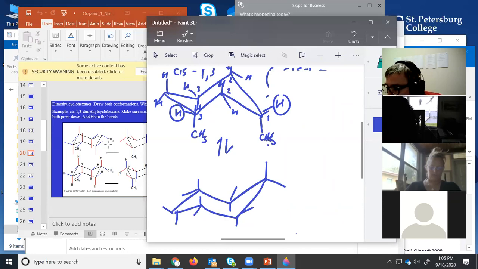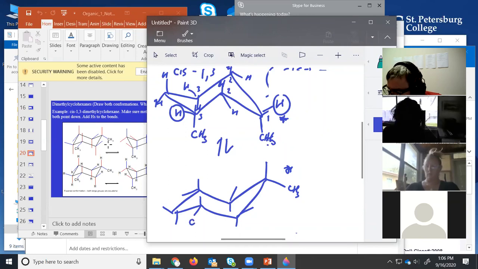All right, so let's go with what we'd see. Now this one carbon is star 1, the same carbon here, and this methyl group would now be equatorial on the same carbon, and then this methyl group over here would now be equatorial. But notice that they're still both sticking down.